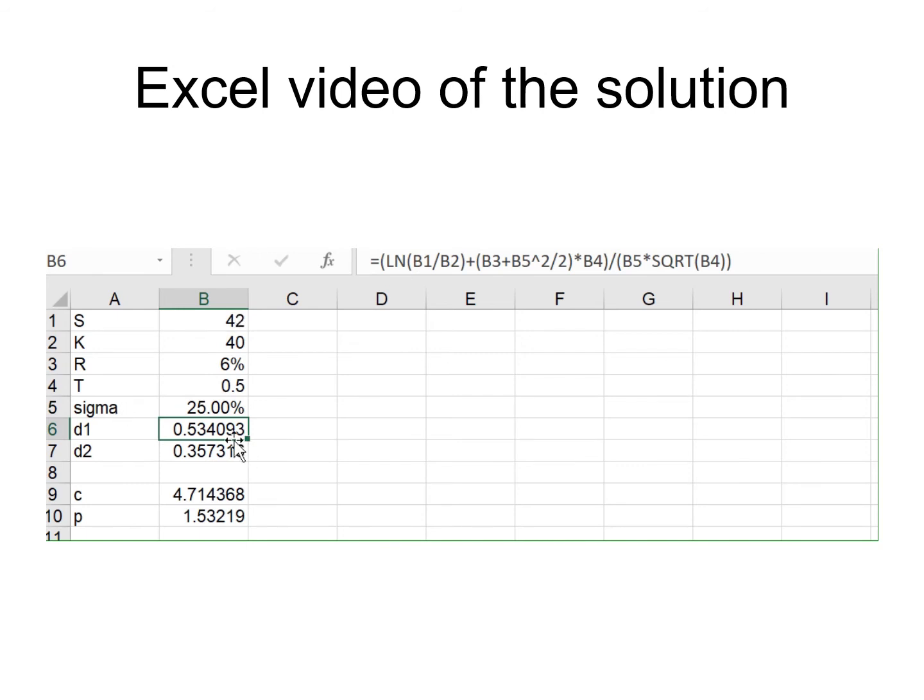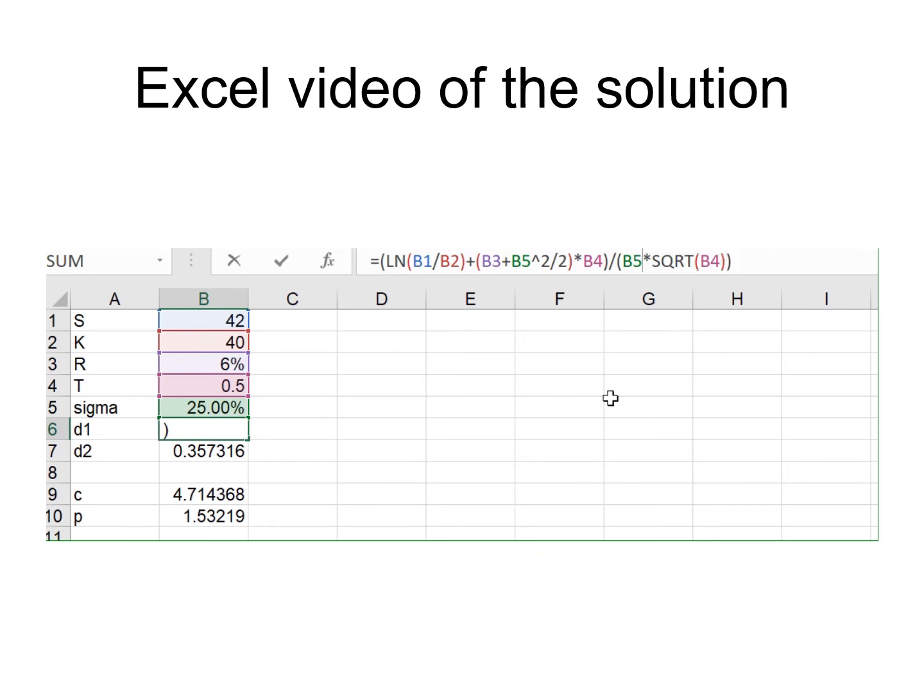So we calculate D1 and D2. Let's input D1. D1 is equal to log of B1 over B2, stock price over strike price, plus r plus sigma squared over 2, right, times T, the time to maturity, and divided by sigma square root T. Sigma is B5 and T is B4.